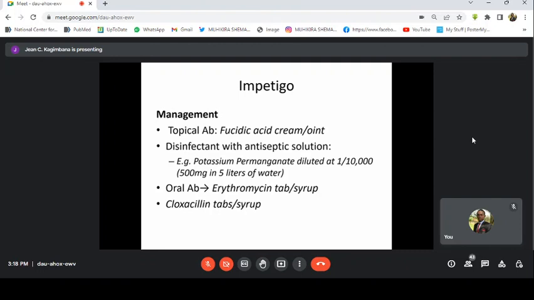Please don't give steroid. It's topical antibiotic, and associated if the regions are right. Do steroids have any role in the treatment of impetigo?